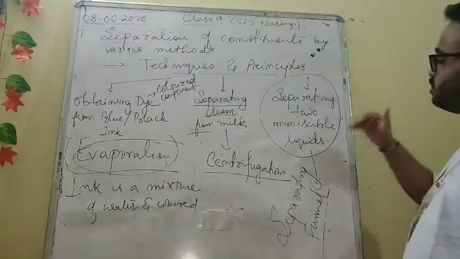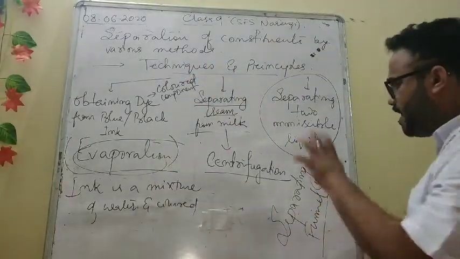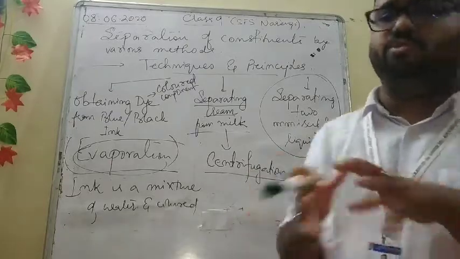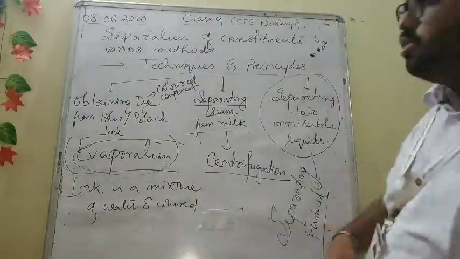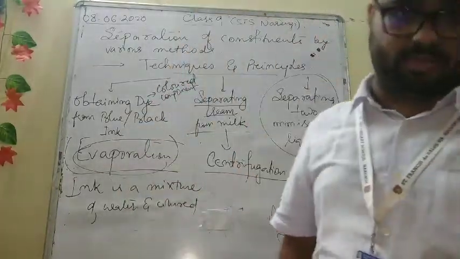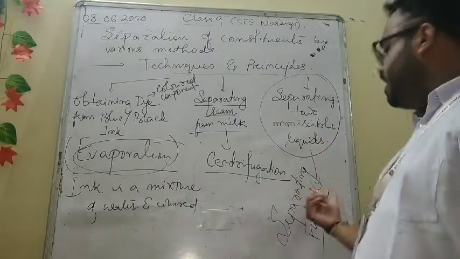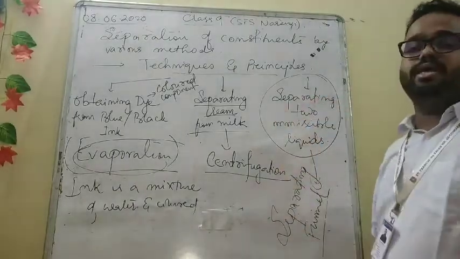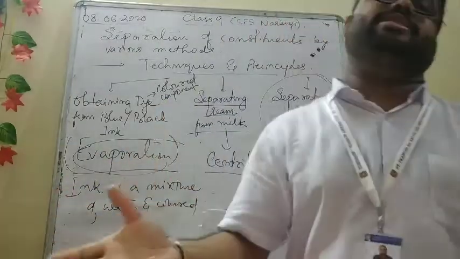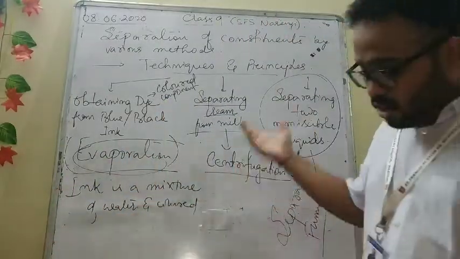And here we use a separating funnel. The separating funnel and centrifugation principles are almost the same: the lighter, lesser density one comes up and the heavier one goes down. In a separating funnel, the liquids separate out in terms of density. So this is all about today's class.